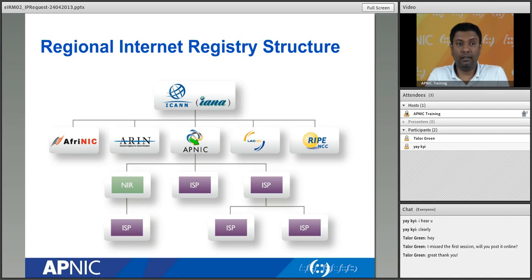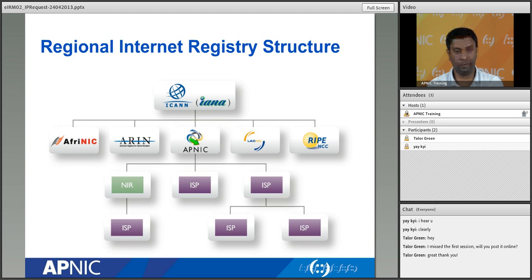On the other hand, as I said, in the economies where we have national internet registries, the members are still open to get it directly from APNIC. It's up to them how they prefer, how they are comfortable. And in some economies where we don't have a national internet registry, for example Singapore, the ISPs or enterprise organizations in that economy can directly come to APNIC, become an APNIC member and get the resources.